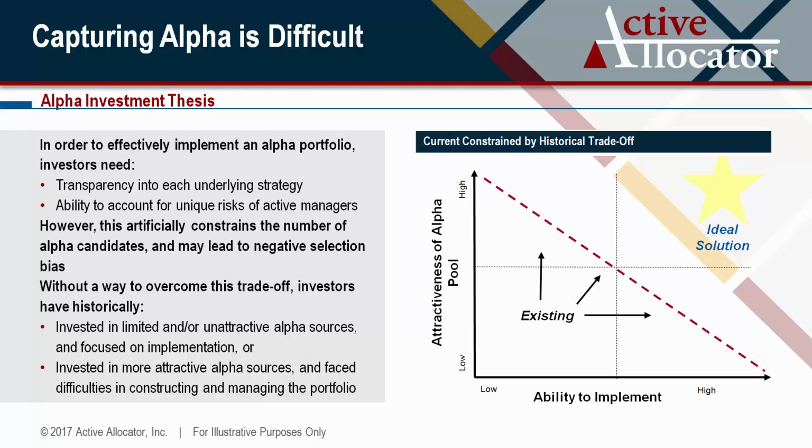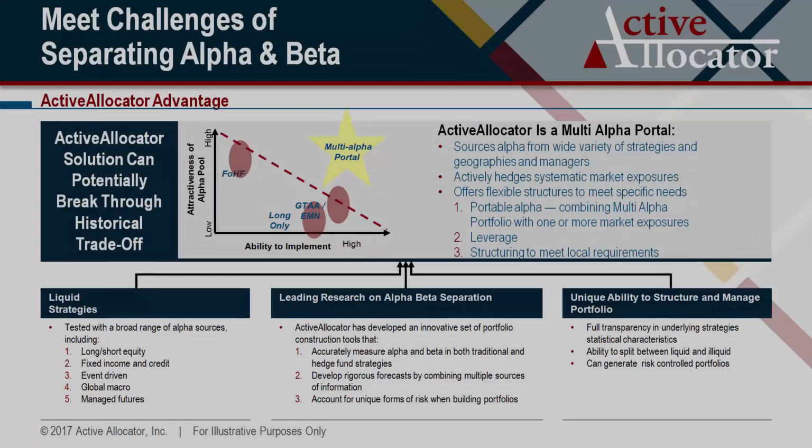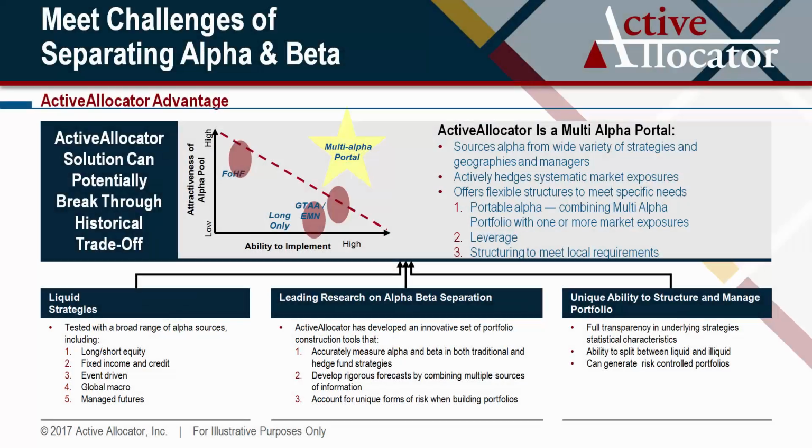It ain't easy. We do realize that the value of alpha investing requires both an attractive pool of managers to choose from and effective implementation. We have a multi-alpha approach, as I hope you are beginning to discover.